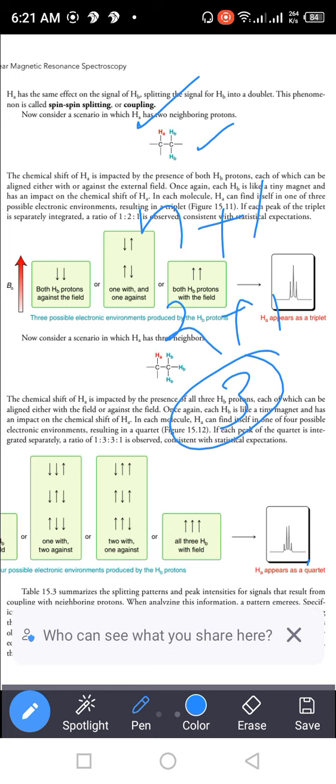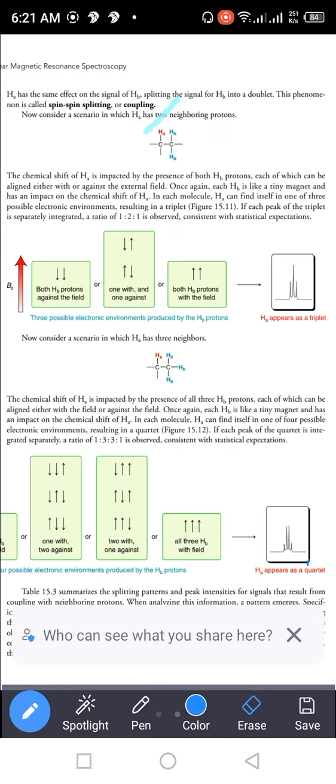Now these Hb protons which are neighbors to the Ha having the 3 peaks, it is the mathematical representation, but in actual practice, in experiment, these protons have different directions with respect to the external magnetic field. Now we'll look at how these Hb protons are directed with respect to the external magnetic field and against it.